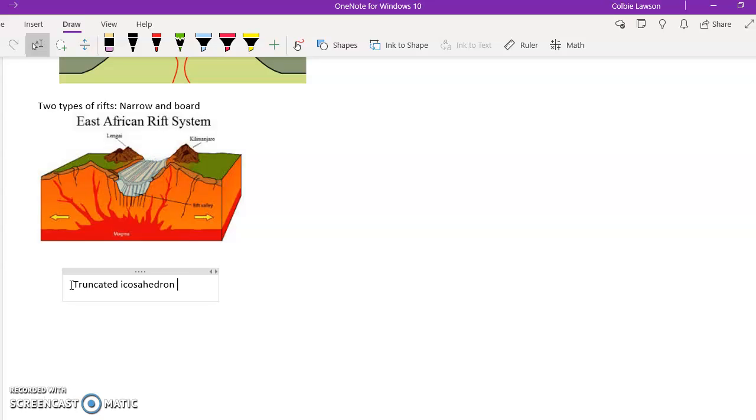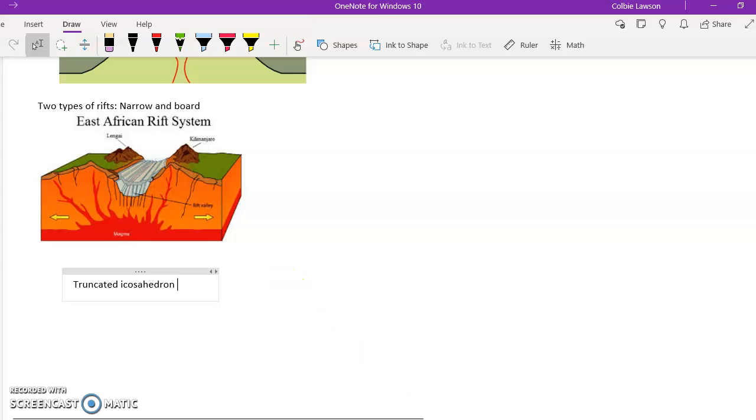So yeah, now we're going to discuss the two types of rifts that are associated with divergent boundaries. There are narrow rifts, which are categorized by a high density of active divergent boundaries, and then broad rifts have numerous fault lines but are distributed over a wide area of deformation. An example of narrow rifts would be the East African Rift System.